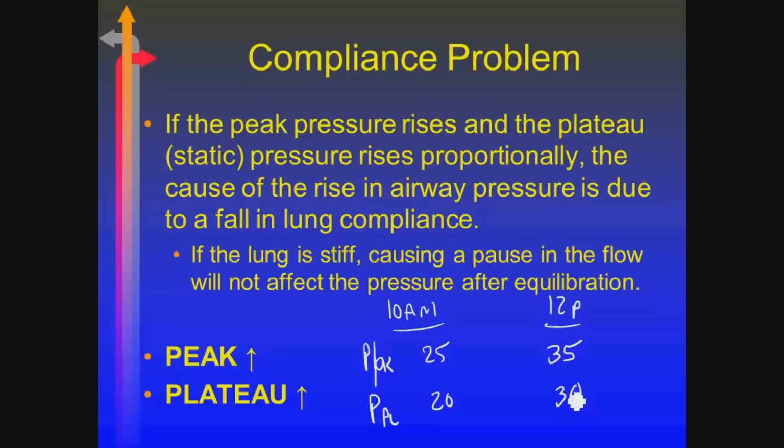My pressure increased during that duration. My peak pressure increased, and the plateau went up with it proportionally. In fact, in this case, it went up exactly the same amount. Doesn't have to be. But if they both go up together, they're both holding hands, it's a compliance problem. They're compliant.